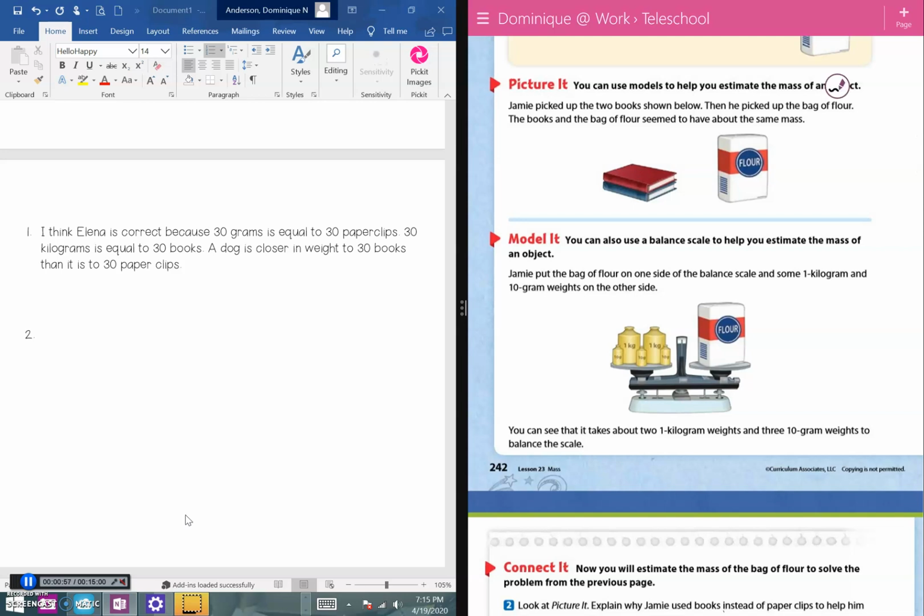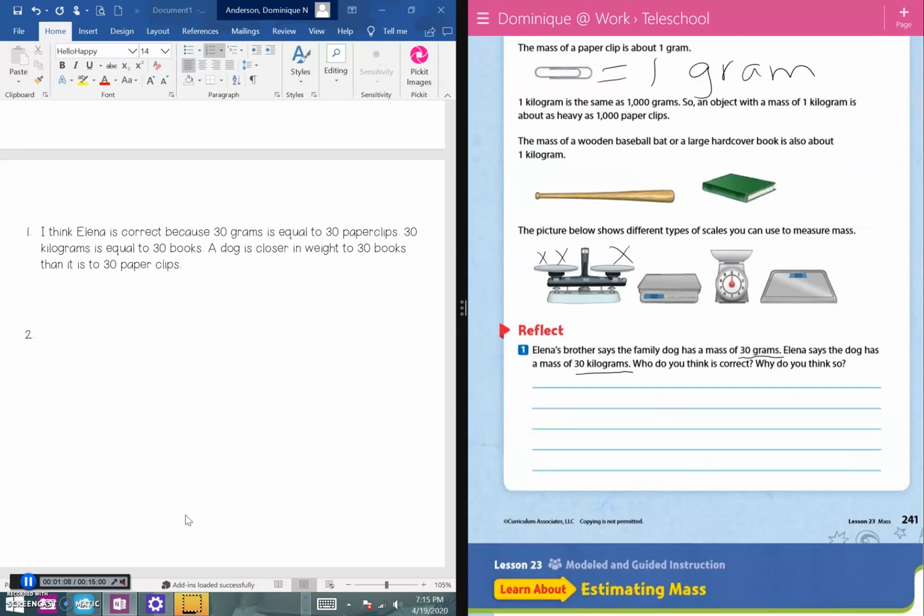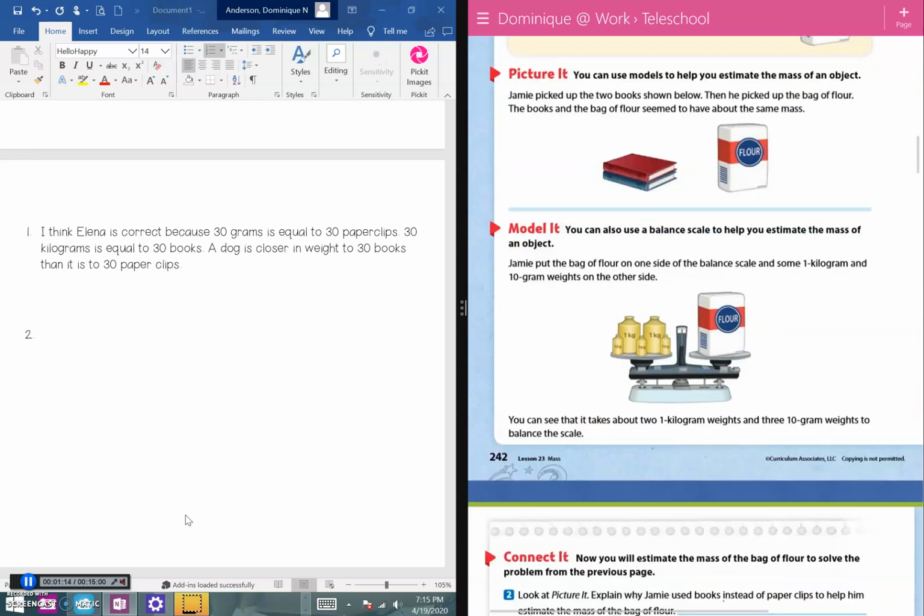Alright, you can also use a balance scale to help you estimate the mass of an object. So remember, this is what we talked about earlier, where I said you put an object here, and whatever one is heavier, that one will go down. If they're equal, they stay at the same level.